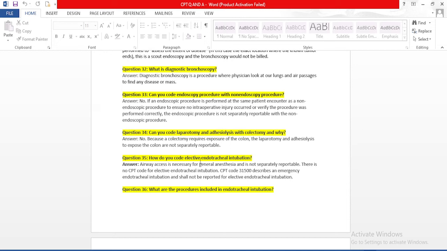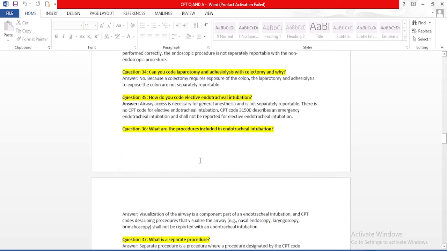Usually the physician will perform endoscopy after the non-endoscopic procedure in order to check for any damage or injuries. So we will not code this endoscopy procedure along with the non-endoscopy procedure.